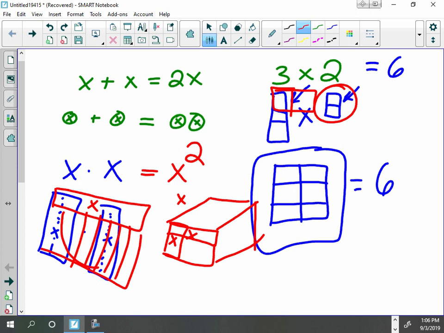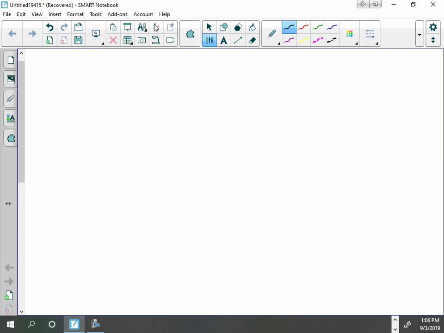Another way to look at it: let's solve 2x plus 4x. Is that going to be 6x or 8x squared?